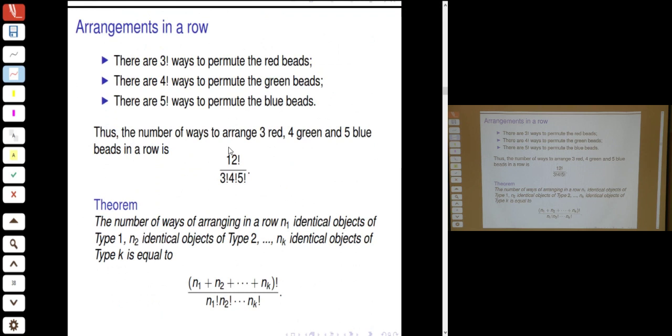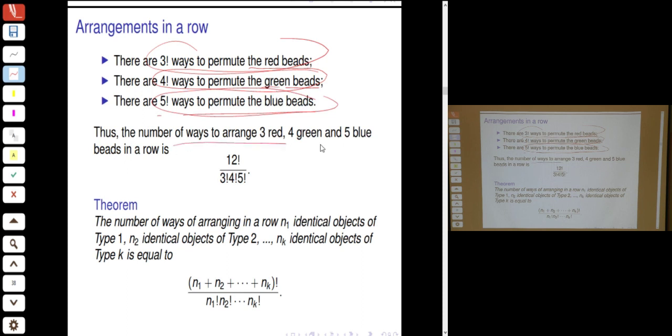So arrangements in a row. Suppose there are 3 red beads, 4 green beads, and 5 blue beads. The total number of ways to permute the 3 red beads among themselves is 3 factorial. Total number of ways to permute the 4 green beads among themselves is 4 factorial. Total number of ways to permute the blue beads is 5 factorial.